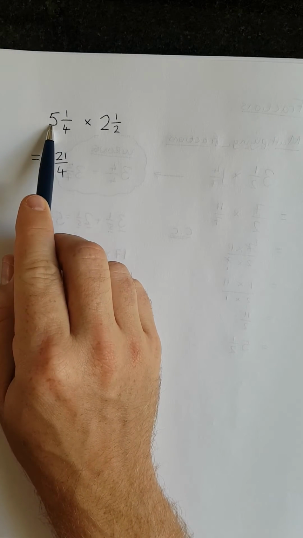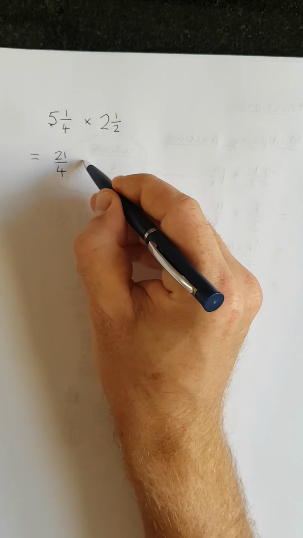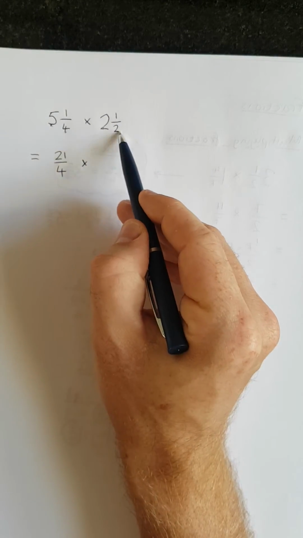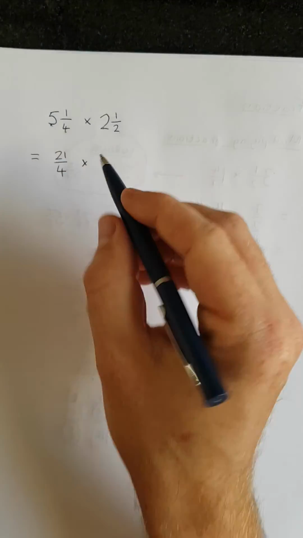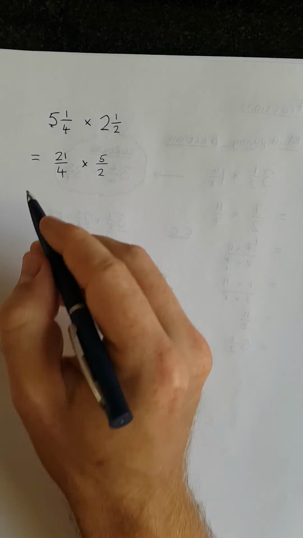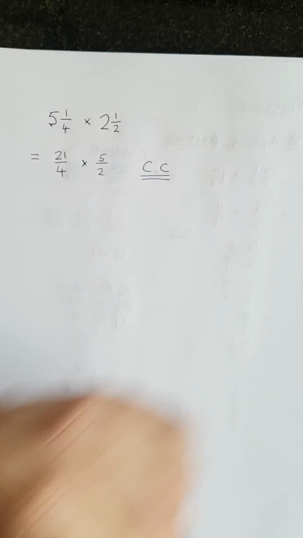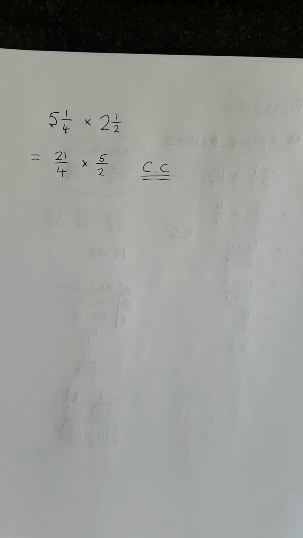Each of the 5 whole ones is made up of 4 bits, so that's 20 bits plus the extra 1. Each of these whole ones is made up of 2 bits plus the extra 1 is 5 bits. Cross-cancelling.